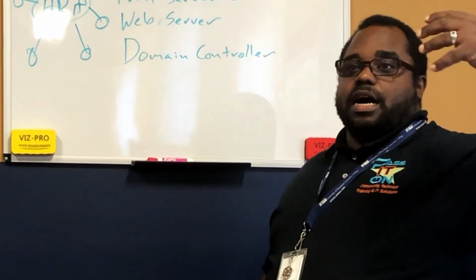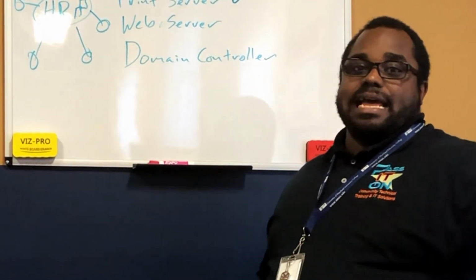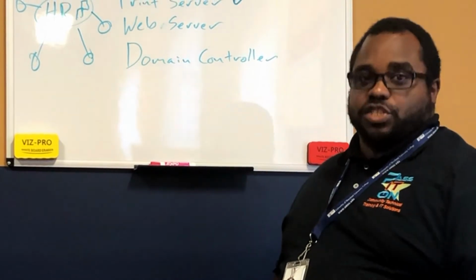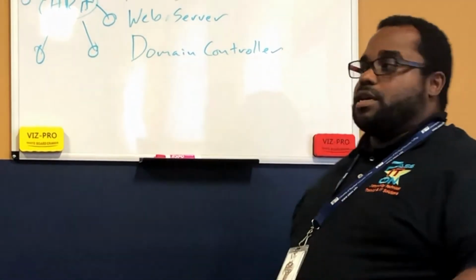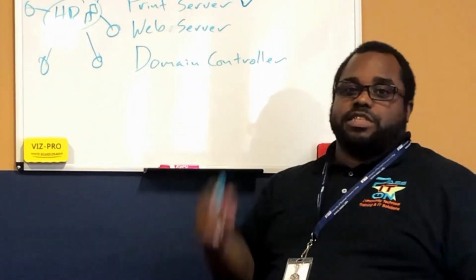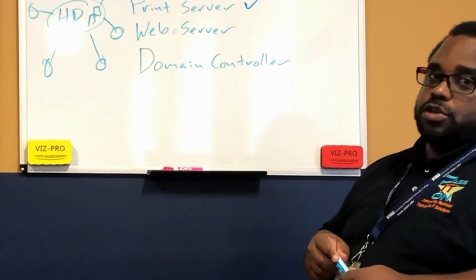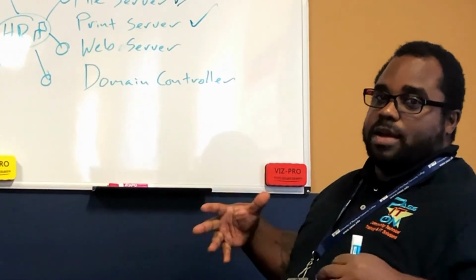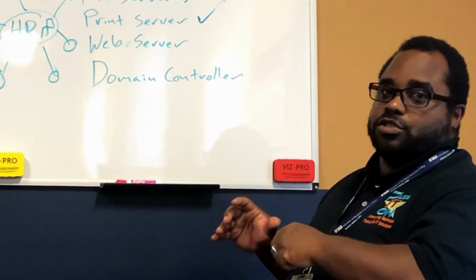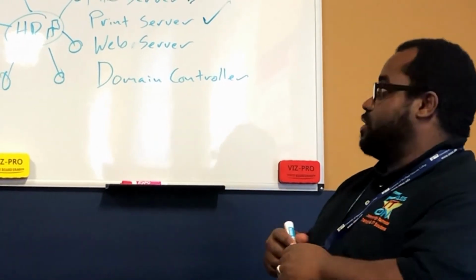It gives me tools like IIS, Internet Information Services, that allow for websites to be created and hosted. So I get a bunch of other features that get installed when I activate this web server, and then again, it lets you create websites and host websites off of that server, either internally or externally.